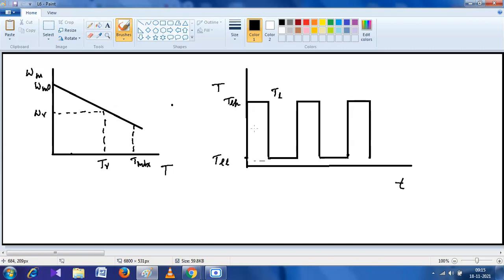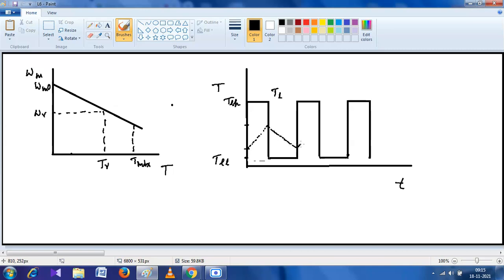We have to use a motor whose torque is varying from minimum to maximum. When the low load region is coming, the torque required is less, so the machine torque is also less.